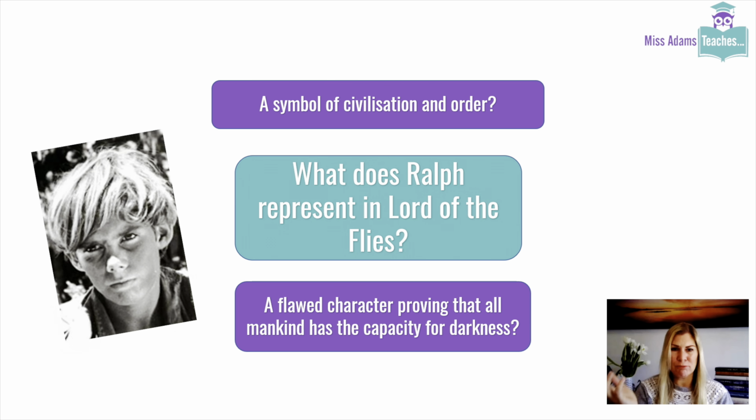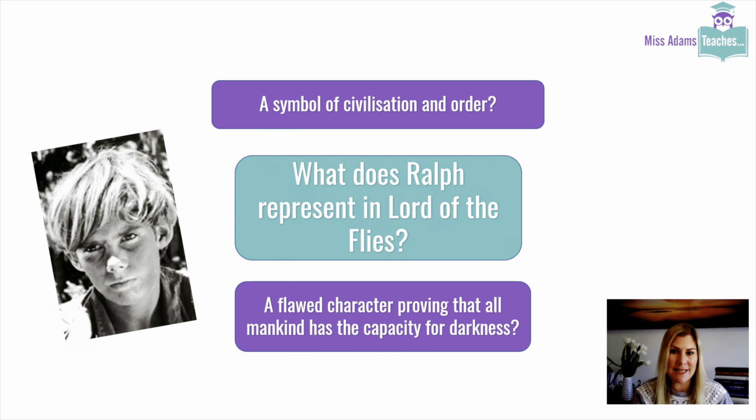Okay, so Ralph is obviously our protagonist, so we know that he's going to have a significant purpose in this novel. One of the things that he represents is, of course, civilization and order. He represents democratic rule, which is a great way to get into context. But it's really important that we always deal with Ralph as a flawed character.